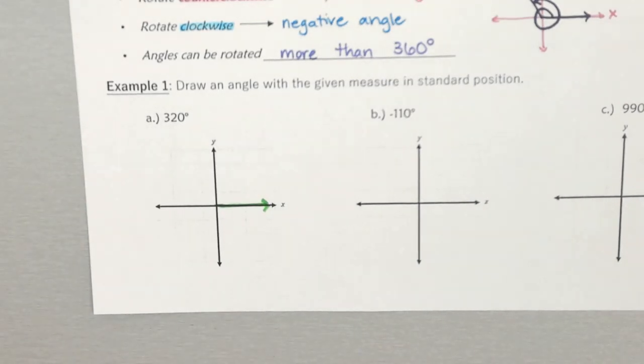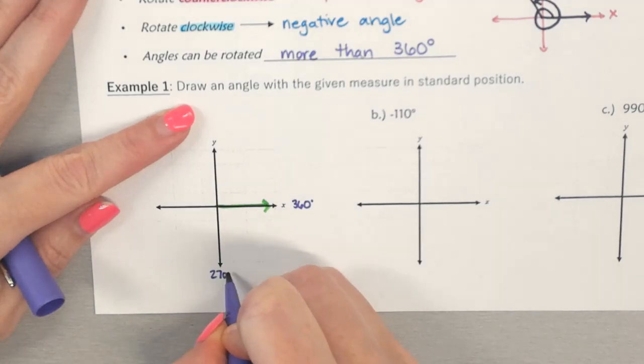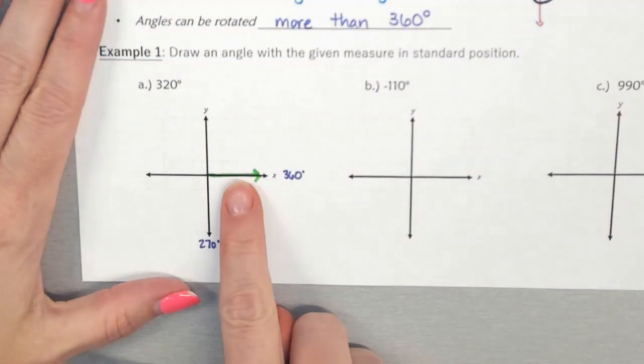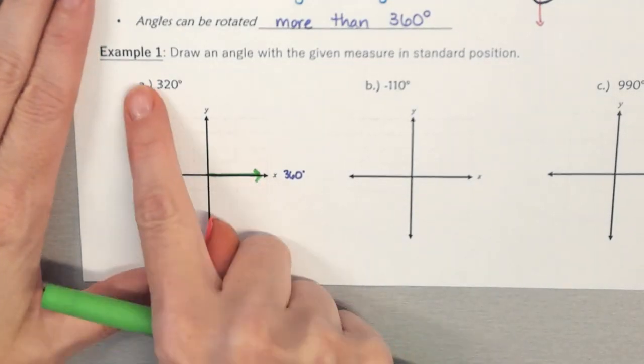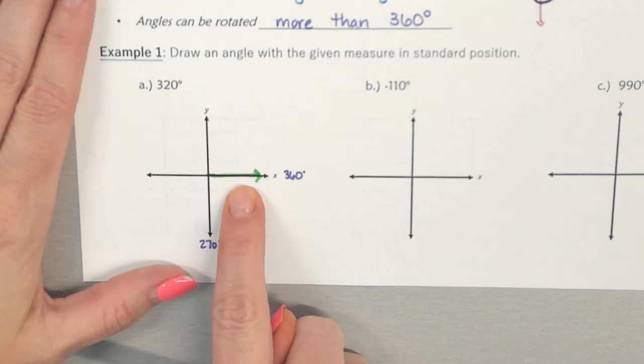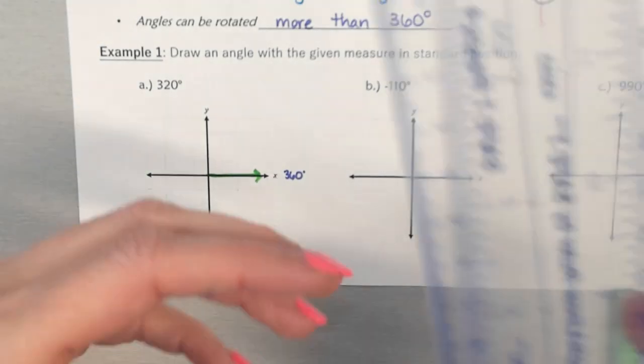So if it's 320, keep in mind that this is 360, this is 270. If I'm 320, are you thinking of it being 40 degrees from this line? That's what I would think of. So you could draw in a 40-degree angle.